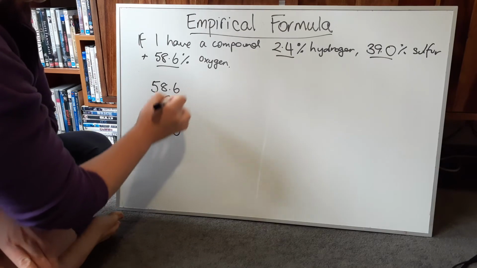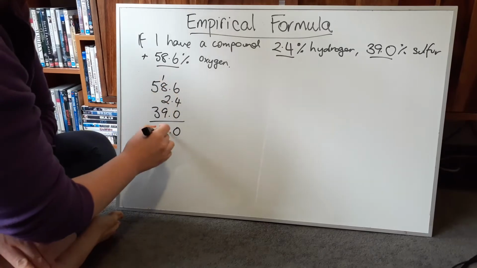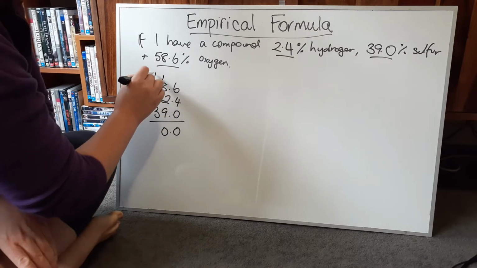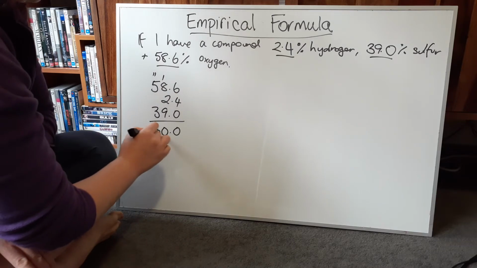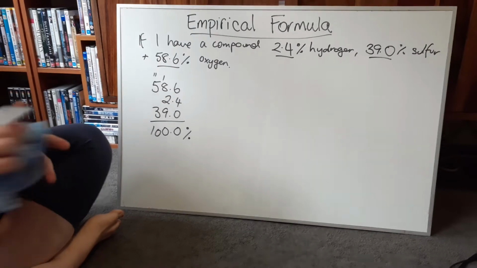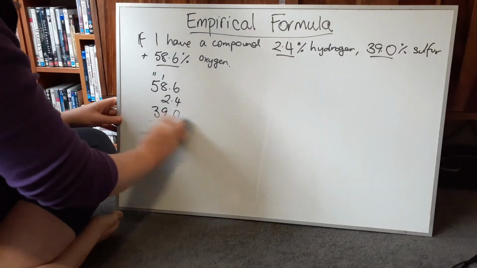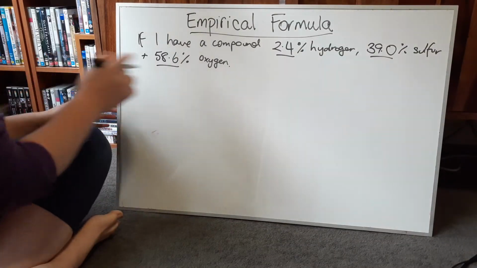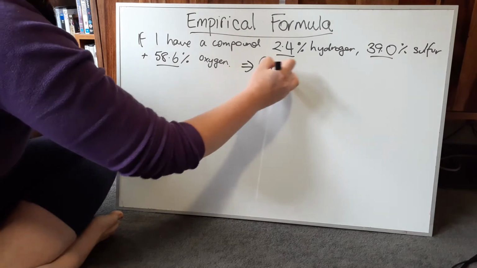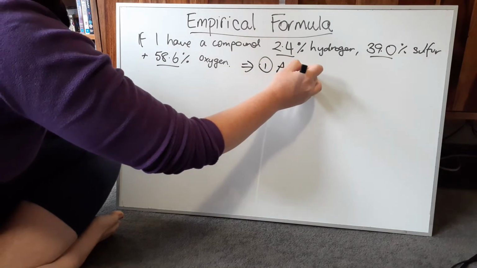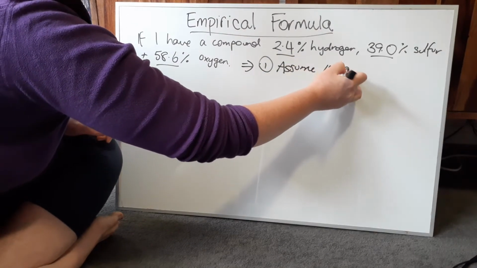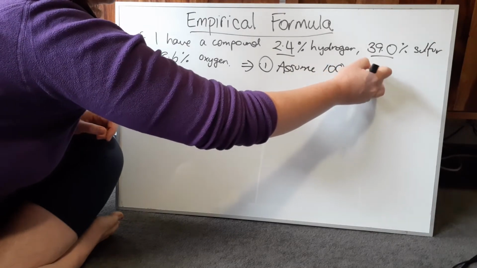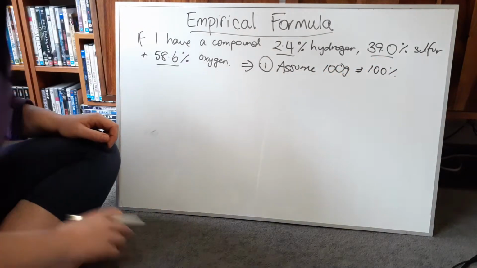So if I do this, yep, that's 100. So what I'm going to do in this particular situation is assume I have 100 grams, assume 100 grams for 100%. And I checked that already.